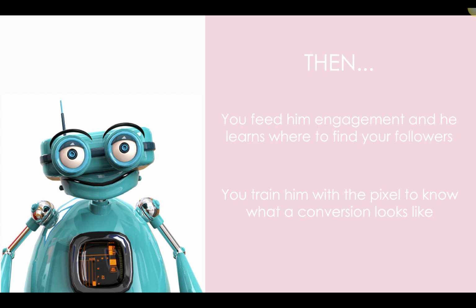So you start feeding the robot engagement and you give the robot what the robot wants. You give it engagement. Now it's getting smarter and smarter, and it's learning where to find your ideal customer who's going to have a two-way conversation with you.